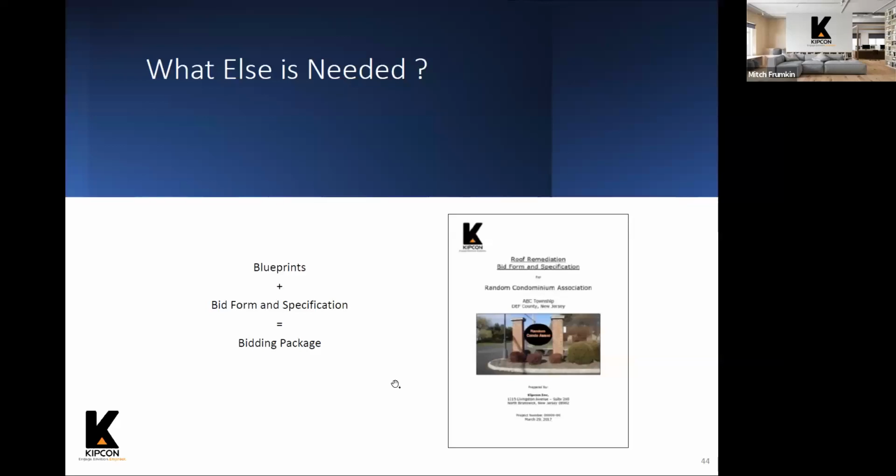So again, the blueprints are part of a larger package that conveys information to the contractor. A bid package will typically include the blueprints or design plans and a written set of specifications along with a bid form, typically called the project manual.